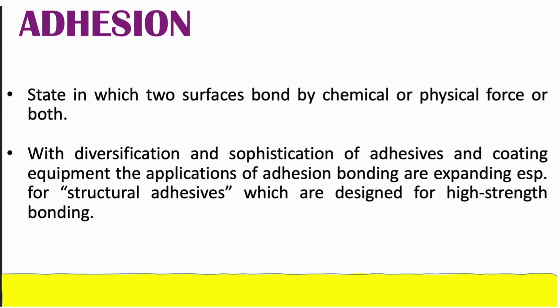Now with the sophistication and diversification of coating equipment and adhesives, the application of adhesive bonding has hugely expanded, especially for structural adhesives. Now, what are these structural adhesives? These are adhesives designed for high strength bonding. They provide high strength bonding even with a very small amount of adhesive used.